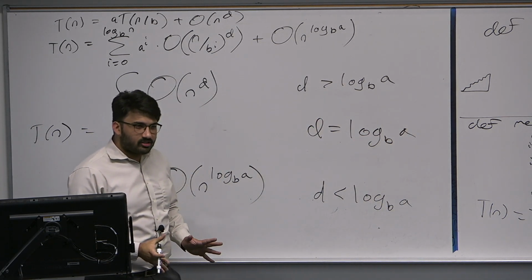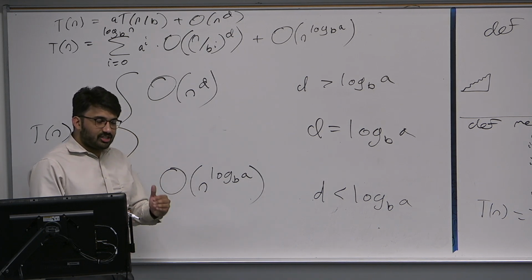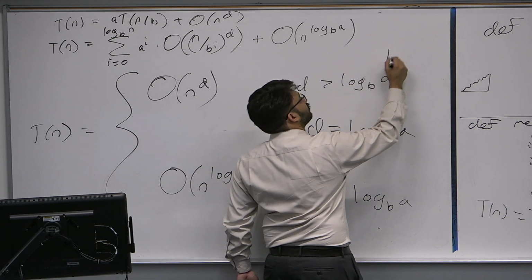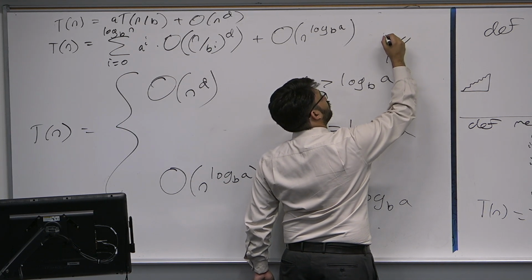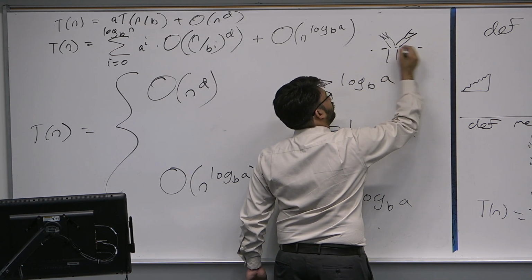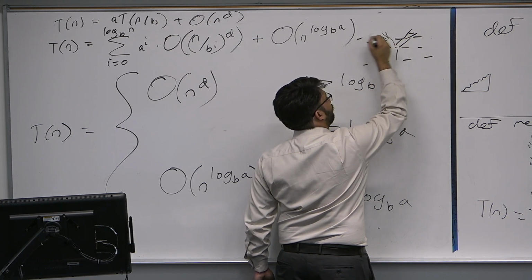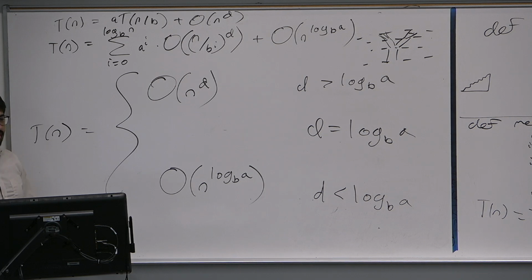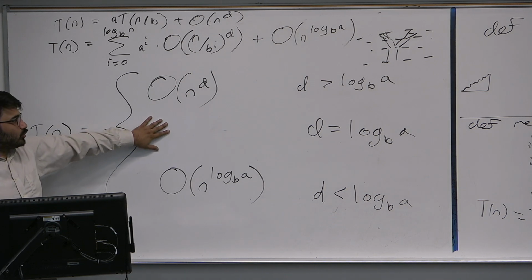This corresponds to a perfectly balanced tree, where each level, if you were to take a saw to a tree, each level weighs exactly the same. The branchingness is exactly as much as the work done at each level, right? What would we take in our sum here?